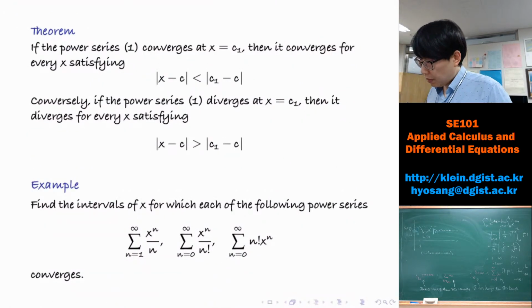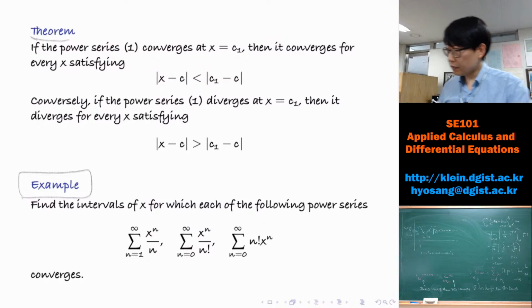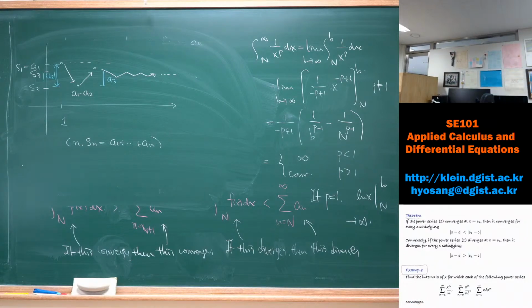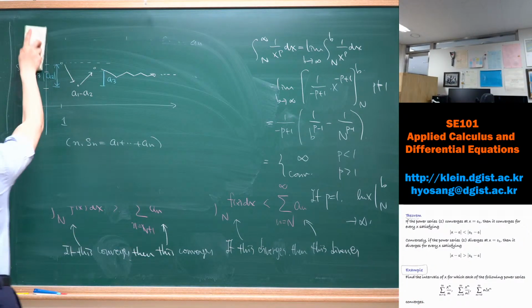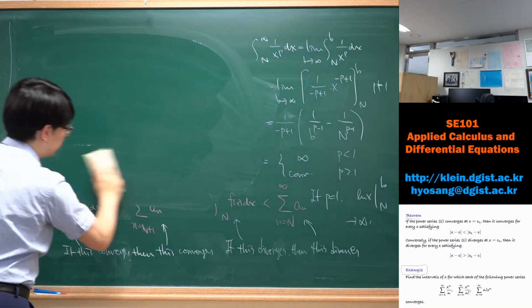Okay, so here's an example. Let's look at the example first. I explained this theorem already. We have a power series whose center is always 0.